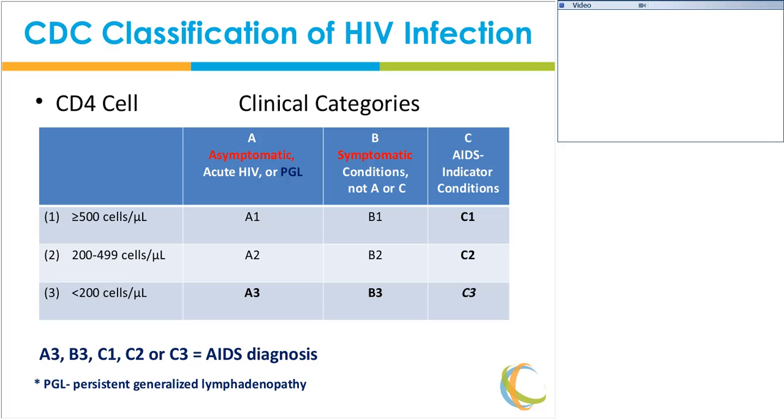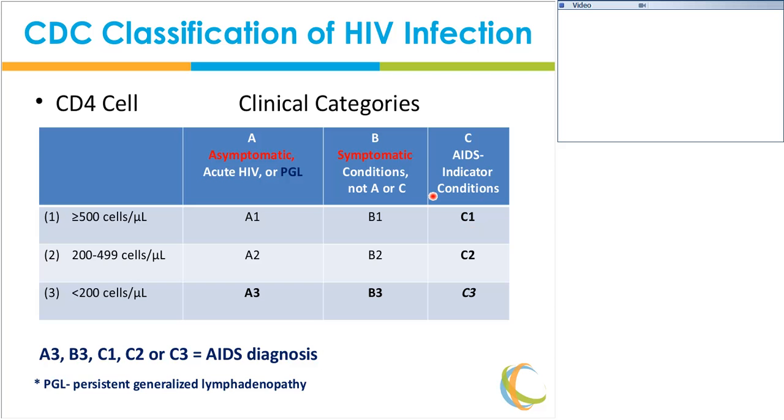Another couple examples using the slide. If a patient has a CD4 count of 425 and has one of the symptomatic conditions, then that patient would be classified as a B2. If the patient has a CD4 count of 600, so greater than 500, and is diagnosed with one of the AIDS-defining illnesses, such as a Burkitt's lymphoma, the patient will be classified as a C3, or I'm sorry, as a C1, because they have a high CD4 count, but they also have an AIDS-defining illness.